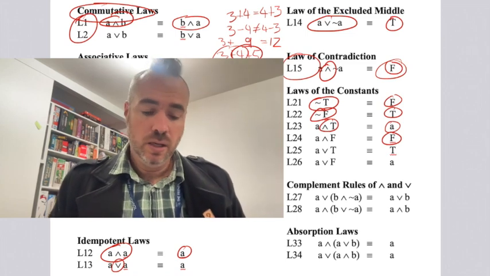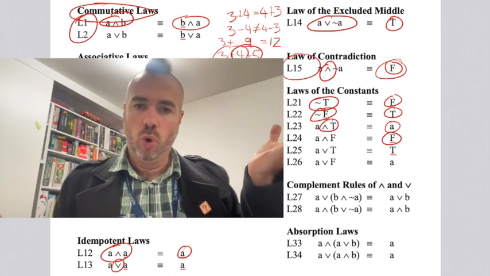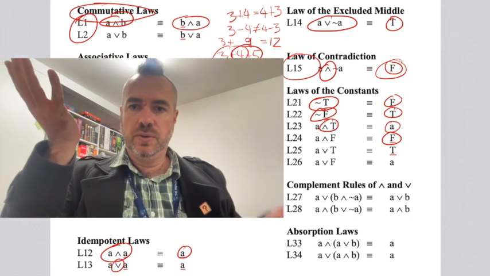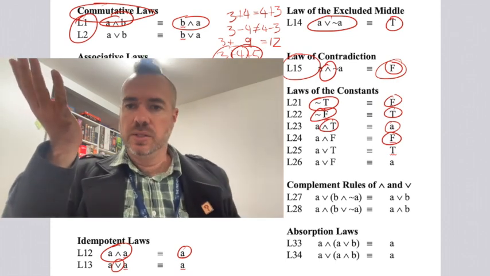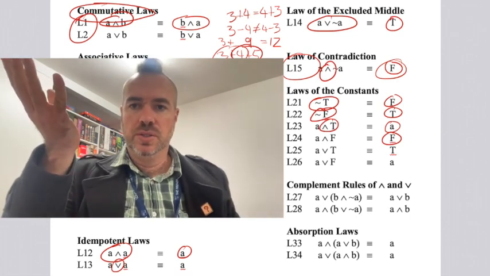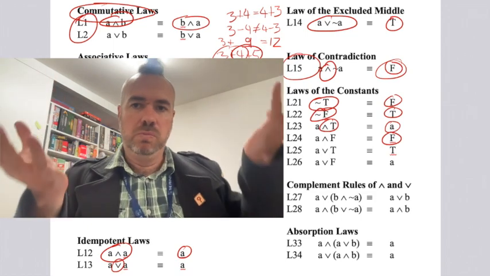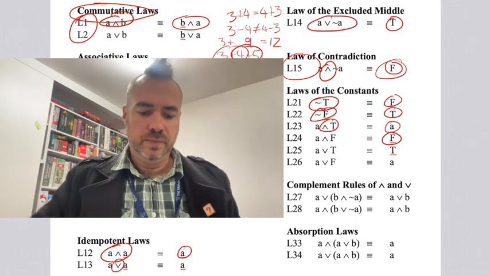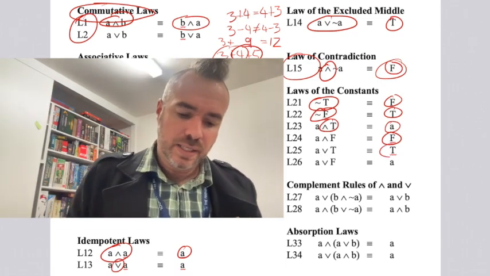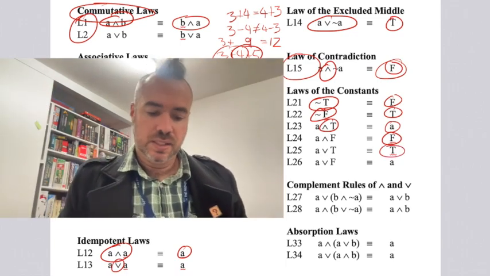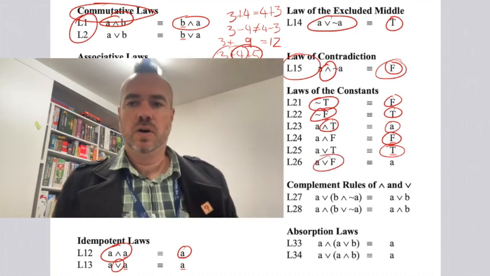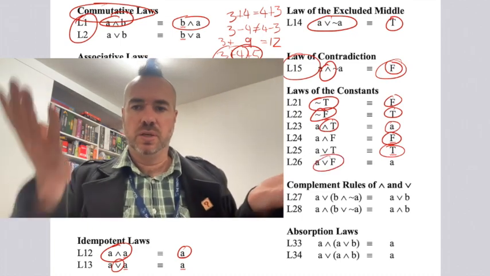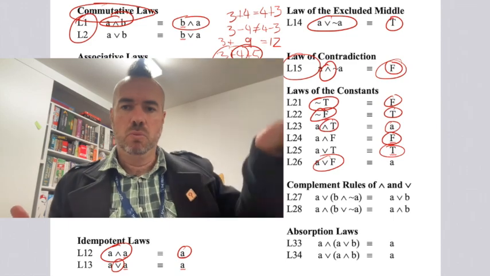Similarly, if we've got A or true, well, this one's always true, this one can change, but that means our answer is always going to be true because we're looking for either of them being true. And similarly, that was law 25, and law 26 tells us that if it's A or false, and so this one could change, but this one is always false, then we only care about this one.